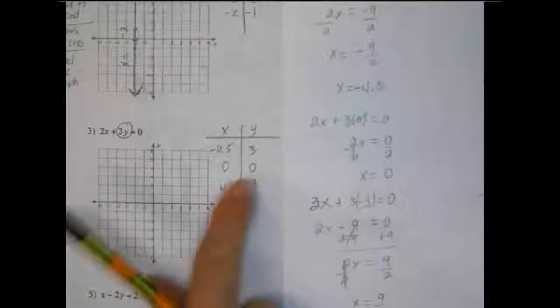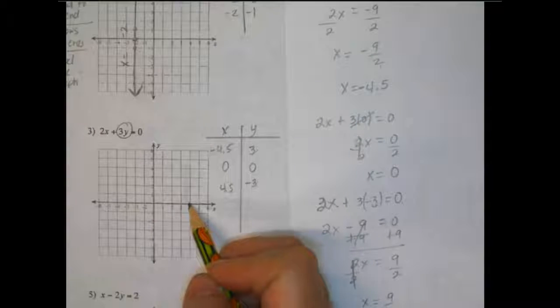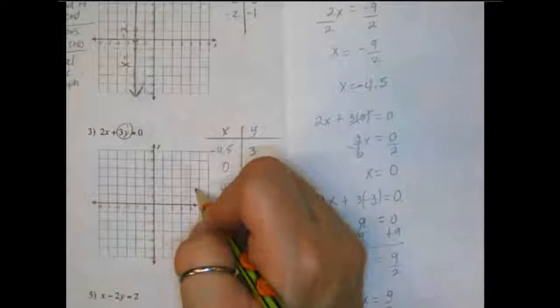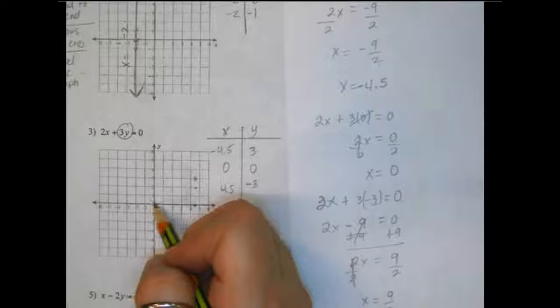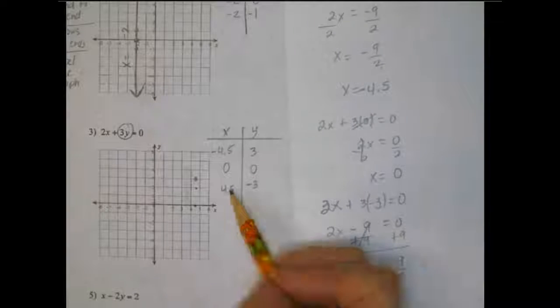So we can still graph this, right? X is 4.5. That means 4.5. And then my y is -3. So I go down 3. Okay. 0, 0, my point of origin. X is, oh, I went backwards, didn't I?